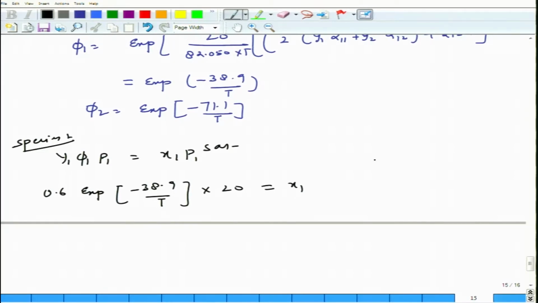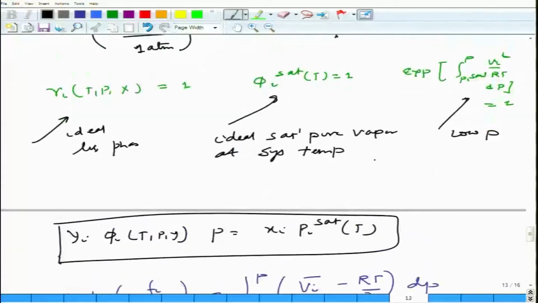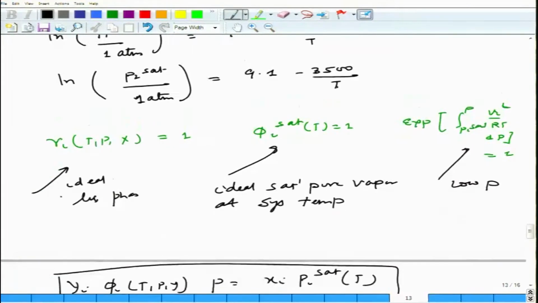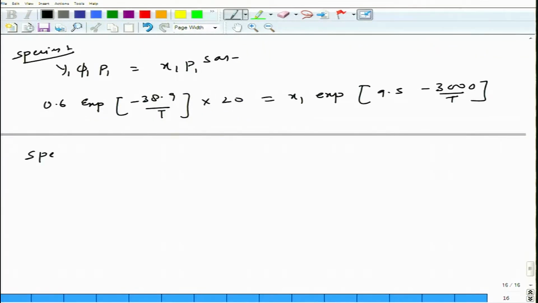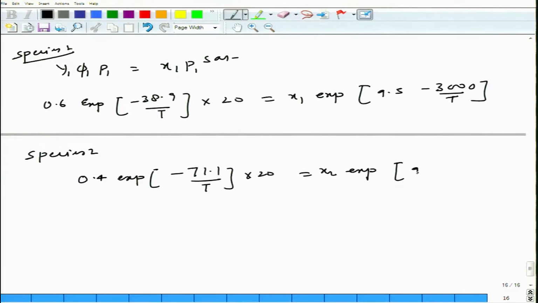And what about P1 sat? From the Antoine expression we have this information, so we can plug it in. This is the value. For species 2, I am going to write directly: 0.4 exponential of minus 71.1 by T multiplied by 20. This is x2 times exponential of 9.1 minus 3500 by T.